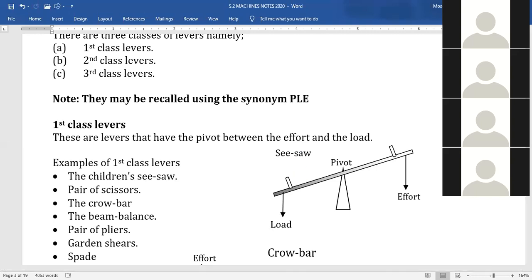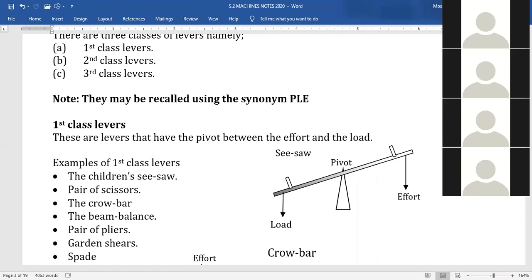Tina: Teacher, PLE stands for the middle part of the machine. For first class levers, the pivot is in the middle, then second class levers, the load is in the middle, then third class levers, the effort is in the middle.